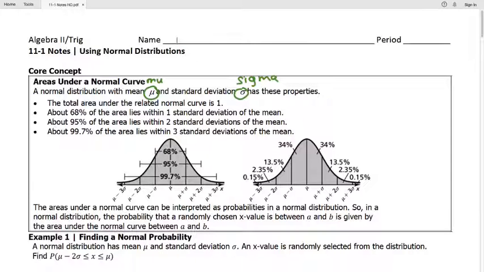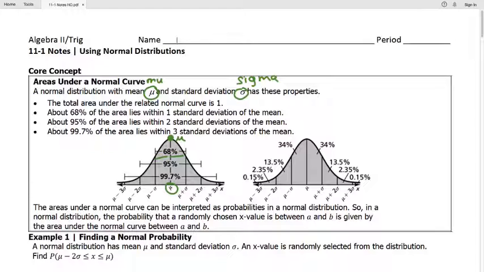The total area under the curve is 1. About 68% of the area lies within one standard deviation of the mean. That middle piece is the mean, and if we go one standard deviation to the left and one to the right, that encompasses about 68% of the total area underneath this curve.